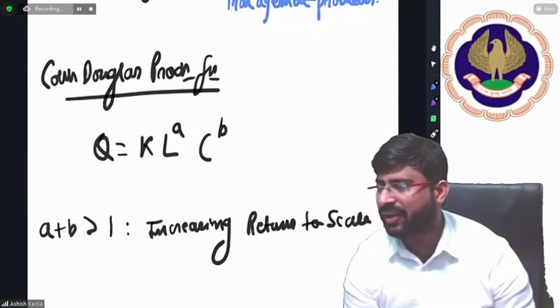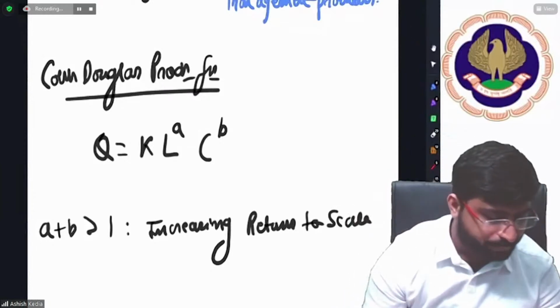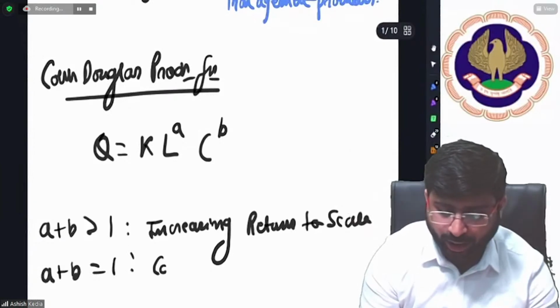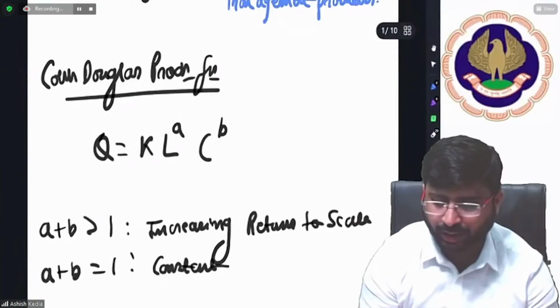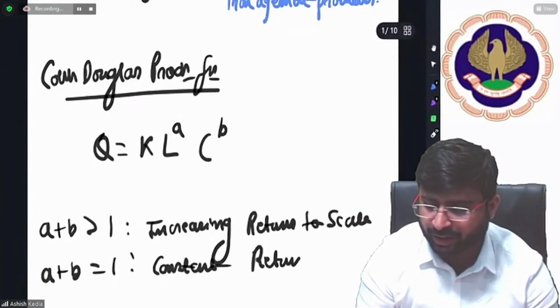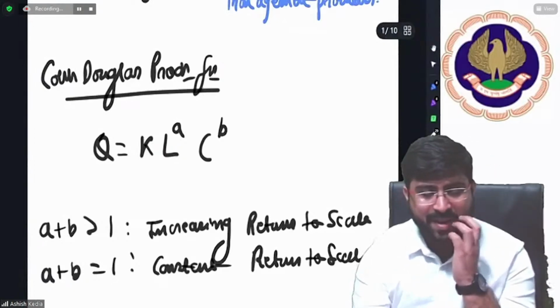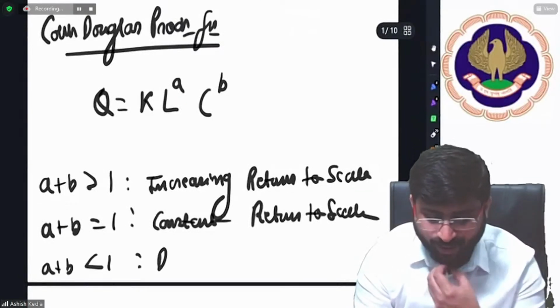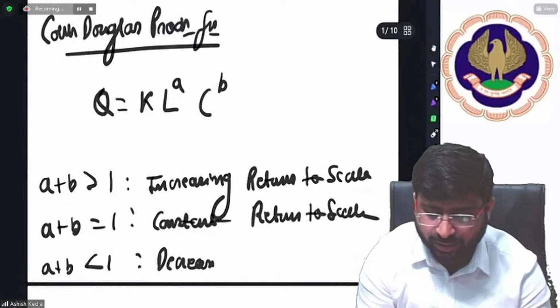Another way to identify returns to scale. If A plus B is exactly equal to 1, you are in the world of constant returns to scale. This is another method of identifying returns to scale. And if A plus B is less than 1, you are talking about decreasing returns to scale.